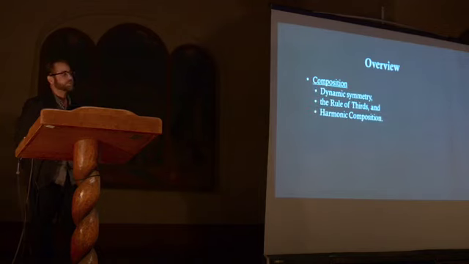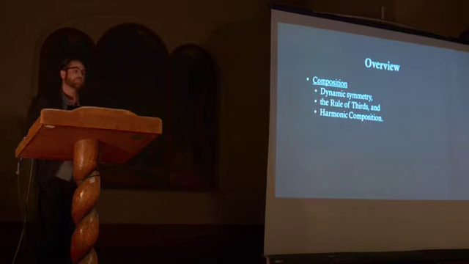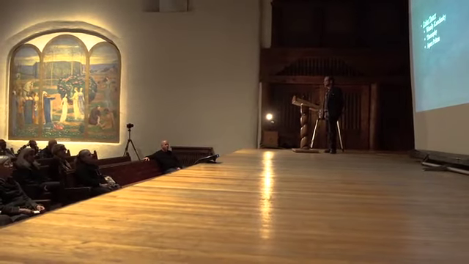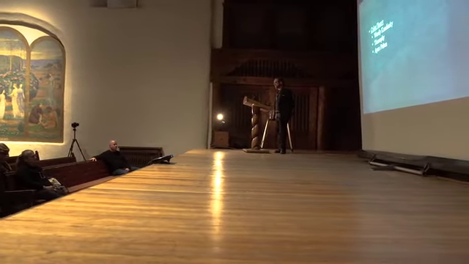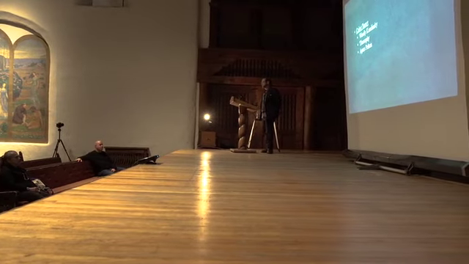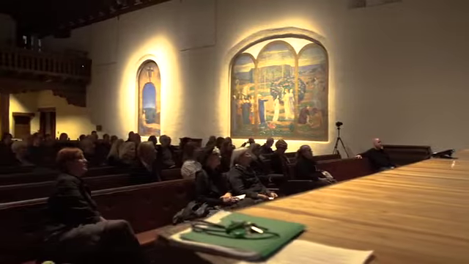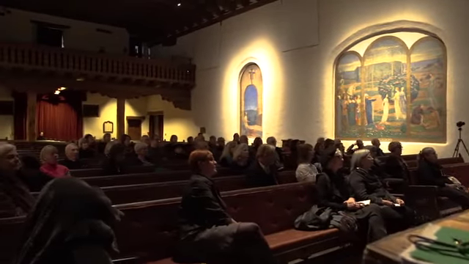Within composition, we're going to be discussing dynamic symmetry, the rule of thirds, and harmonic composition. From there, we'll move into color theory, as espoused by Vasily Kandinsky, Theosophy, and Agnes Pelton herself.